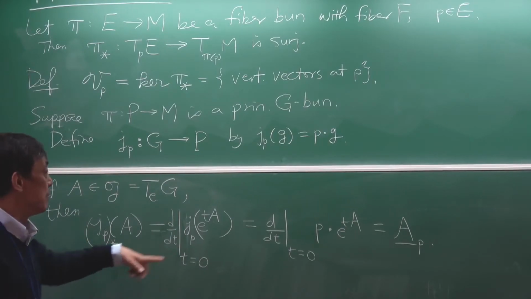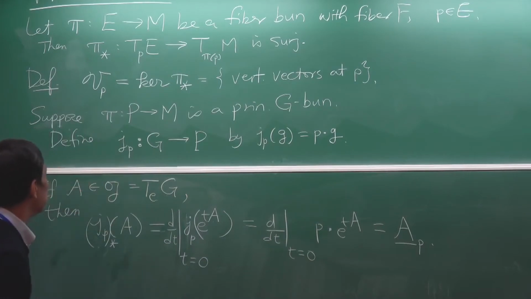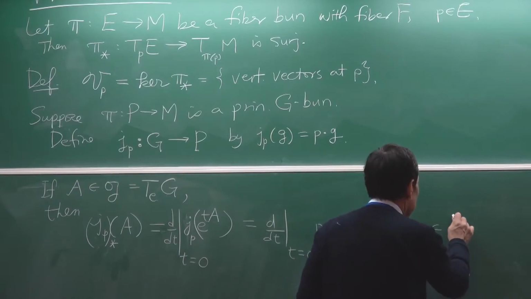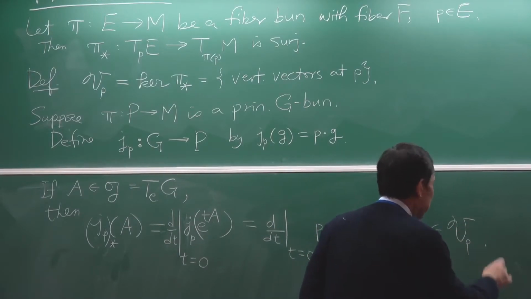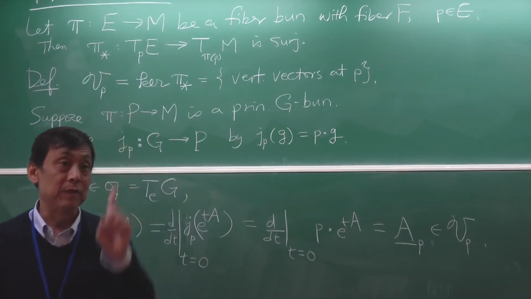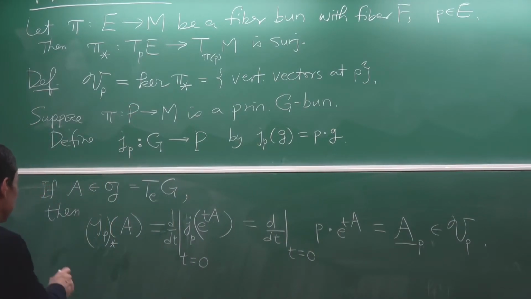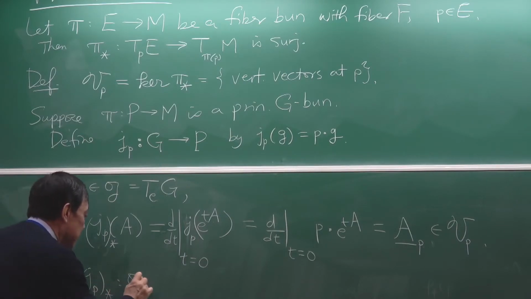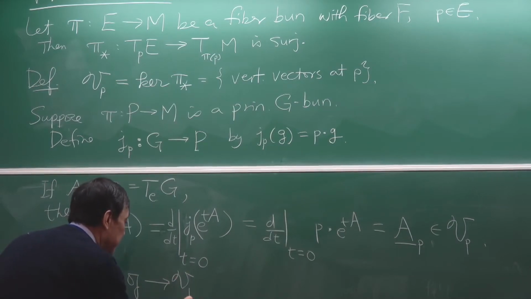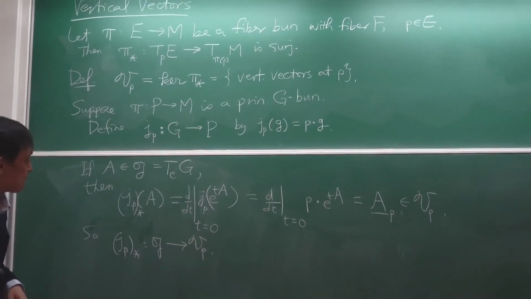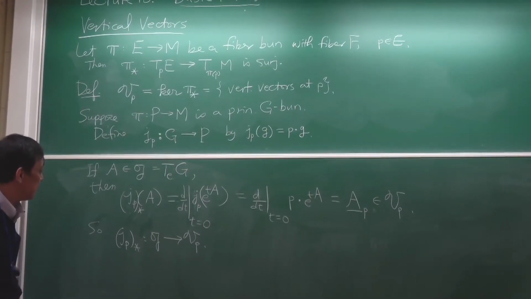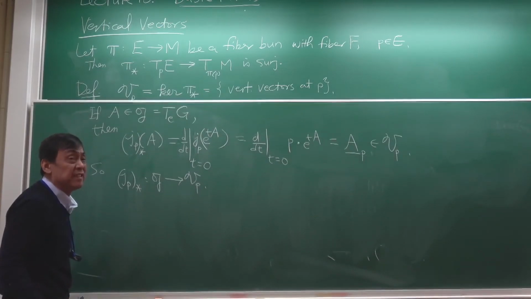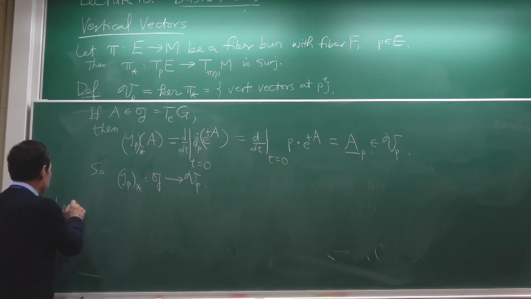So the differential of J_p gives you the fundamental vector field, and we know that the fundamental vector field is a vertical vector. So J_p star goes from the Lie algebra into V_p. I claim that this is injective.